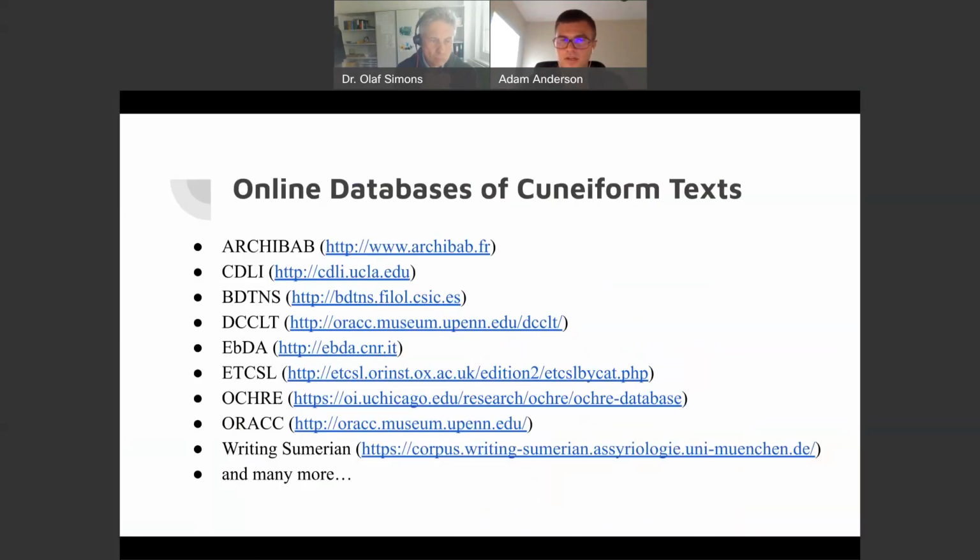And there's a number of these different databases that Assyriologists use regularly, and new ones that come up. Writing Sumerian is one that the University of Munich recently made. And so this is kind of an ongoing process.